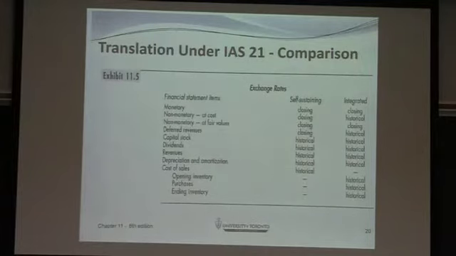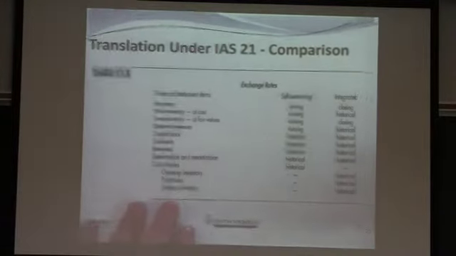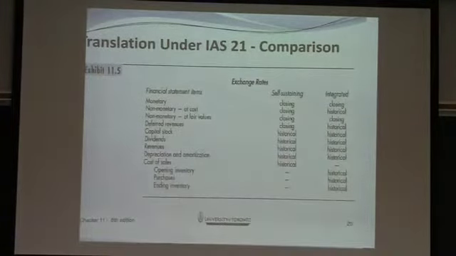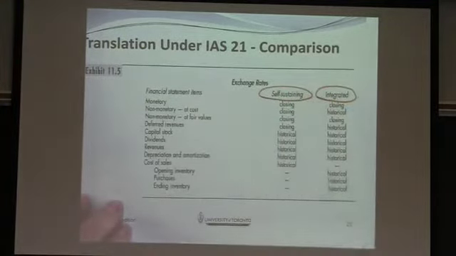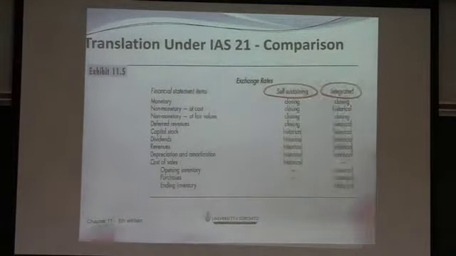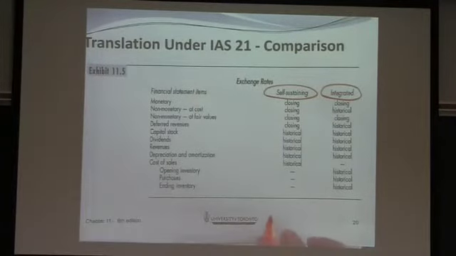Now, there is a general item in your textbook that gives you a high-level guide on what exchange rate to use depending on whether you're dealing with a self-sustaining or integrated operation. I'm going to go over these exchange rates with you anyway, but it's in your textbook to give you a general guideline. So let's take a look at the question.